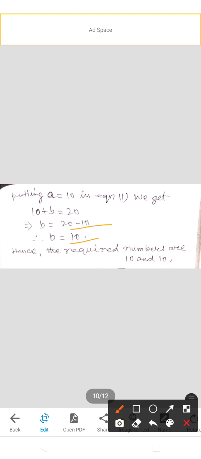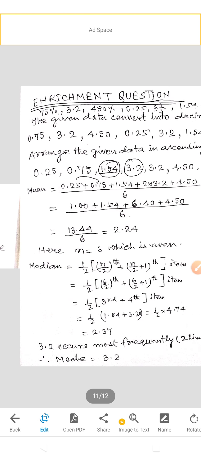So adding equations 1 and 2, we get 2a equals 20, therefore a equals 10. Putting a equal to 10 in equation 1, we get 10 plus b equals 20, therefore b equals 20 minus 10, therefore b equals 10. Hence the required numbers are 10 and 10.